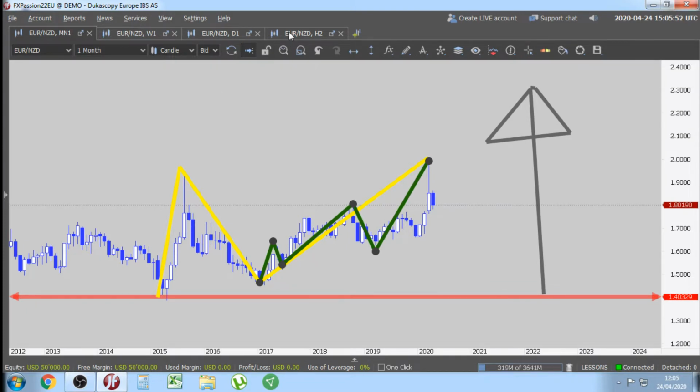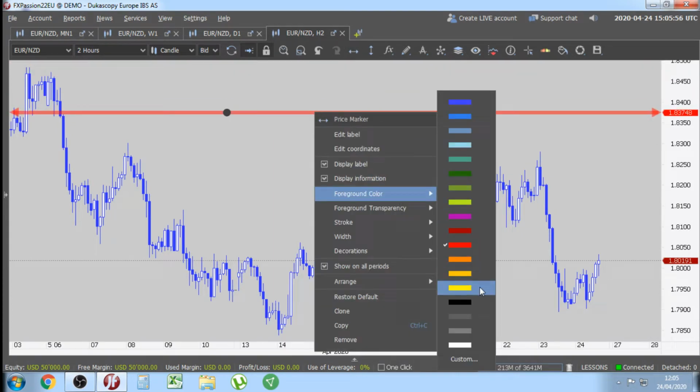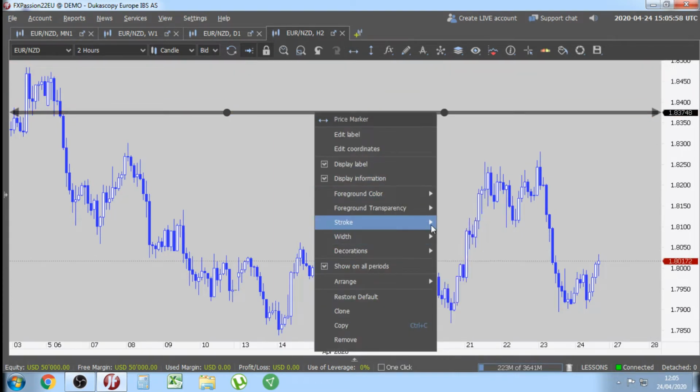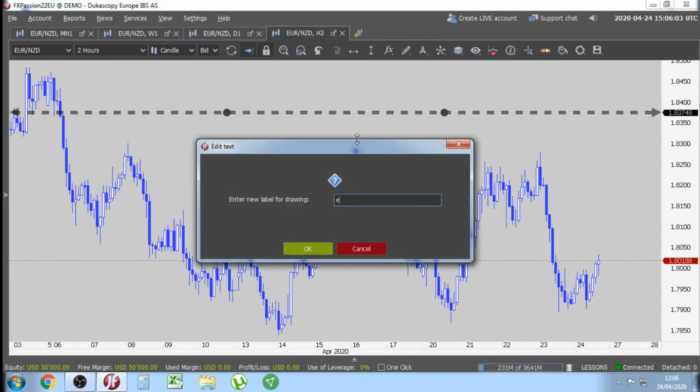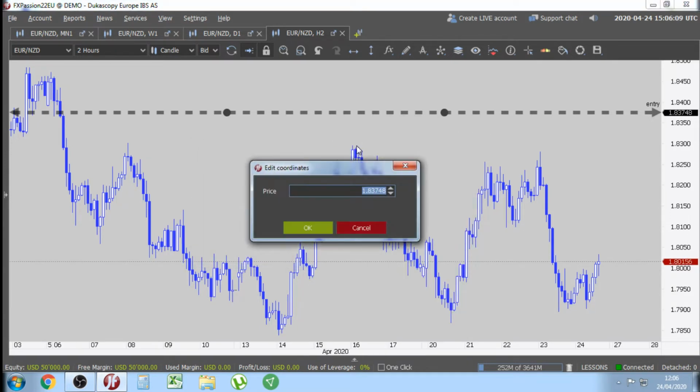Okay, so let's go on the 2 hour chart, and the black one is going to be the entry. This is going to be the entry, so edit label, entry, thank you Romar, entry, edit coordinates 1.79432.